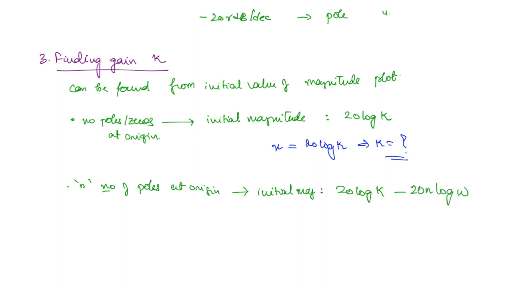If the initial magnitude is x, you equate it to 20 log K minus 20n log omega. Here omega is the initial frequency you have taken, 1 or 0.1 or 0.01, and n you will find from the initial slope, as discussed in step 1. So what is the only unknown here? K.